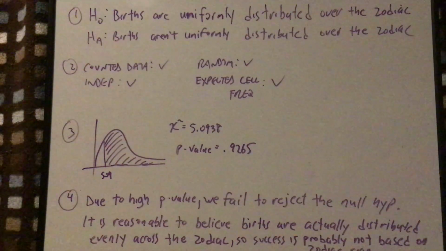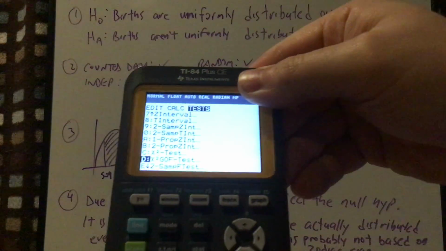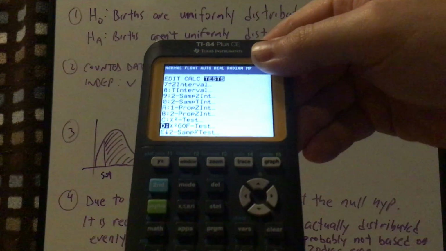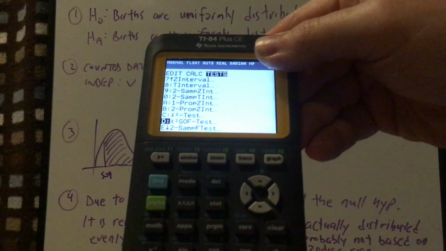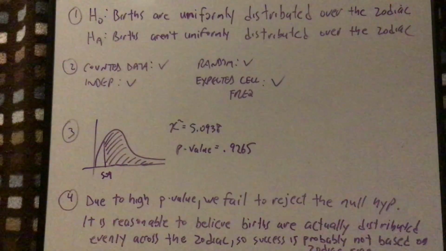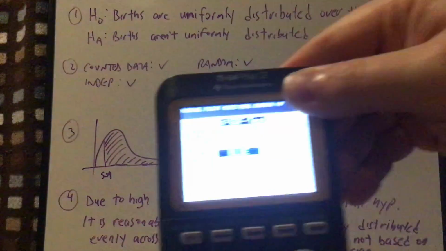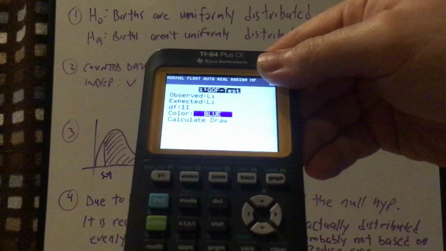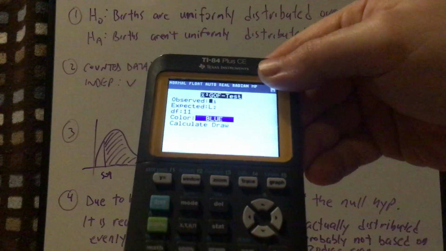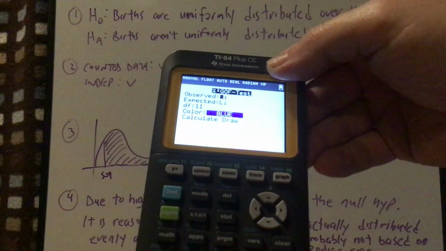I'm showing that off screen, but I had to go all the way down to D. You'll see it, chi-squared GOF. That stands for chi-squared goodness of fit test. So you hit that, and it asks you to put in the lists. If you picked different lists, you'd have to select them, but I put my observed values in list 1, and my expected values in list 2.